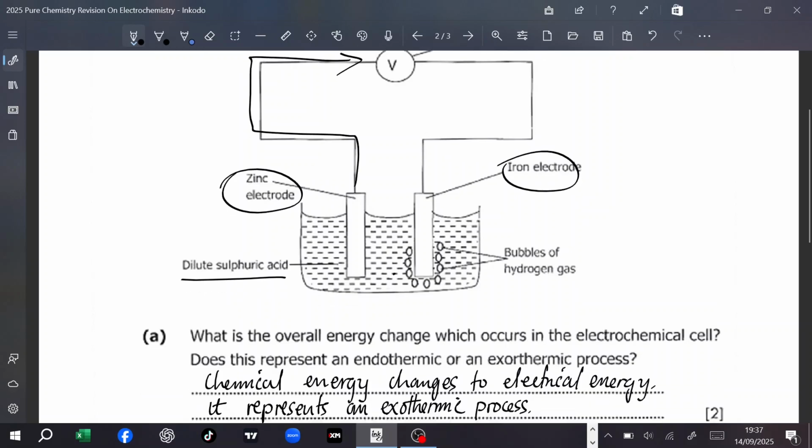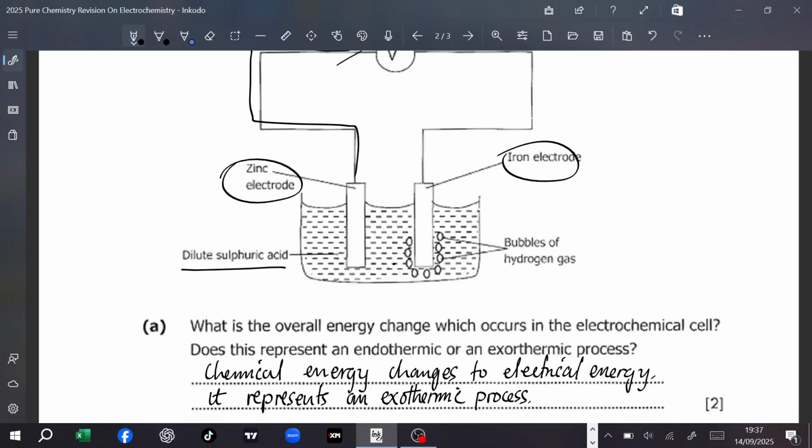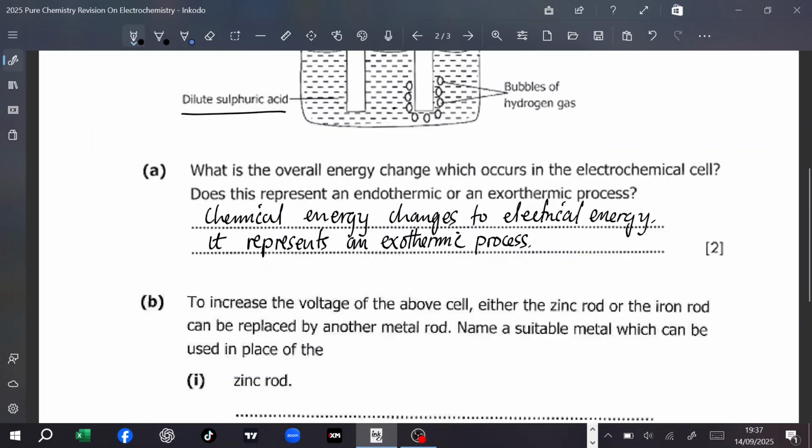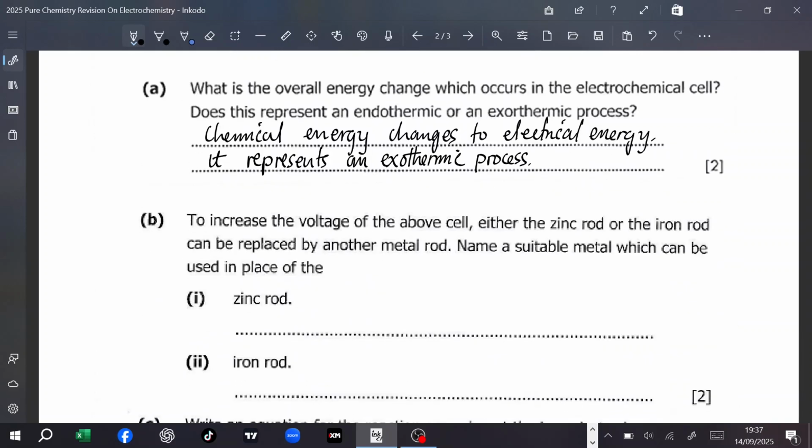So these metals must be of different potential. When we look at the reactivity series, it is also similar to the electrochemical series. The wider the metals are from each other in the electrochemical series, the more electricity they produce.